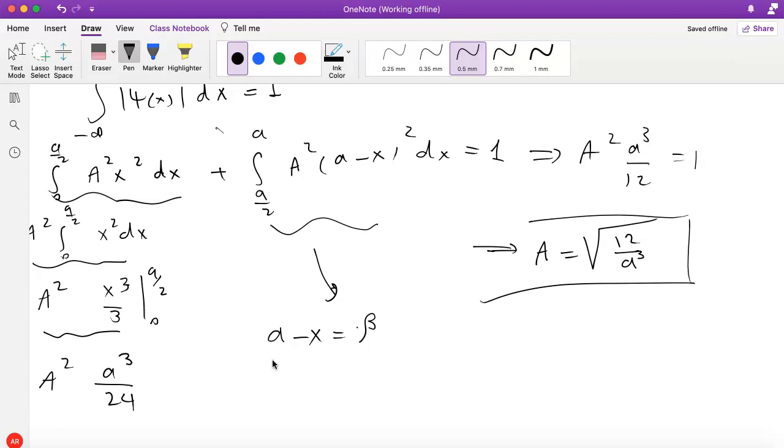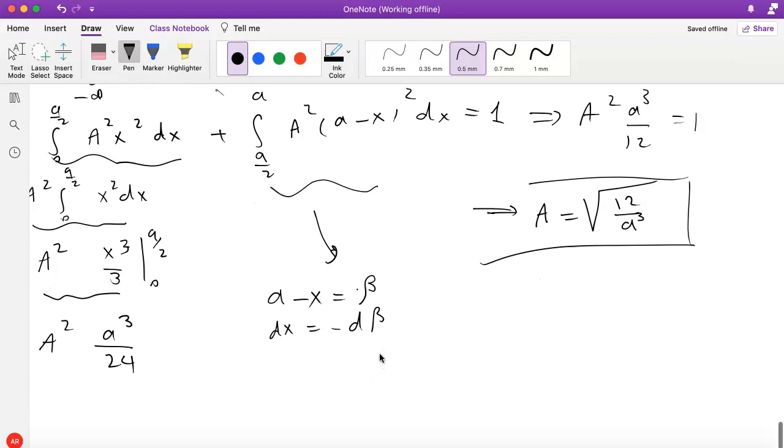So then dx is minus d beta, and when x goes from a over 2 to a, a minus x goes from a over 2, a minus a over 2 is a over 2, to 0, a minus a is 0. So it's going to give me the integral from a over 2 to 0 of A squared beta squared times minus d beta.